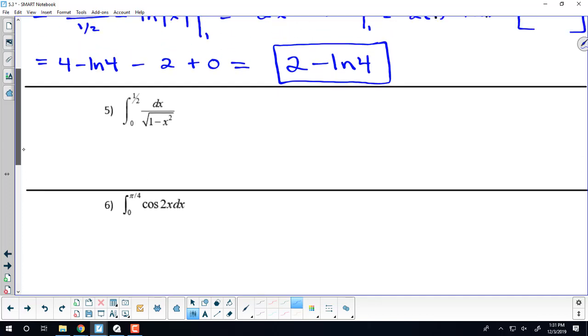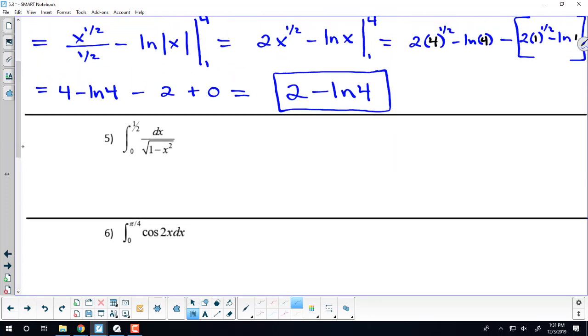We'll write those here at the bottom because they are extremely important. You just have to remember that the antiderivative of 1 over root 1 minus x squared is inverse sine, evaluated from 0 to 1/2. The more generic one is the antiderivative of 1 over the square root of a squared minus x squared.